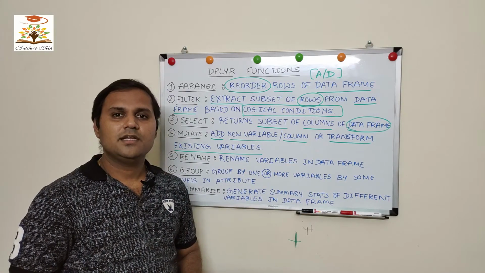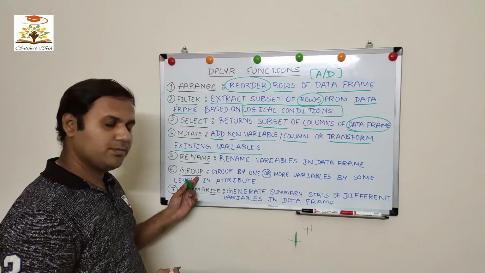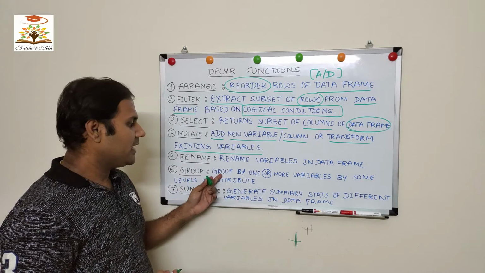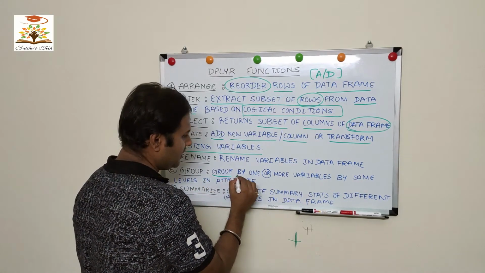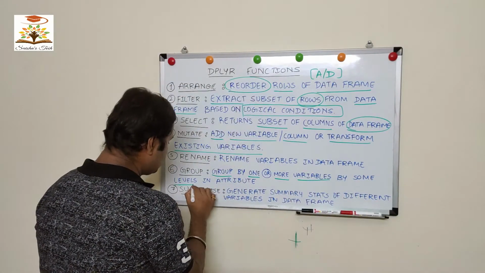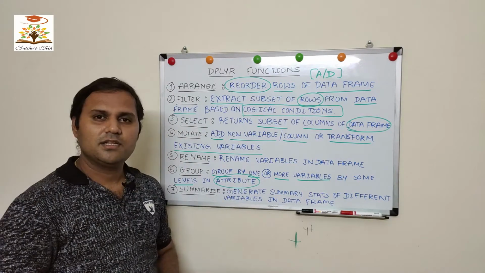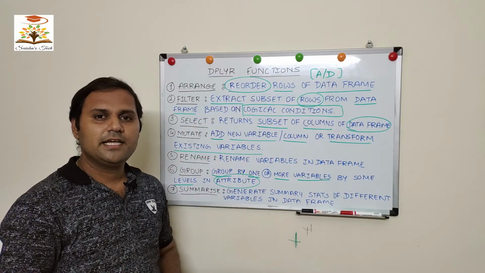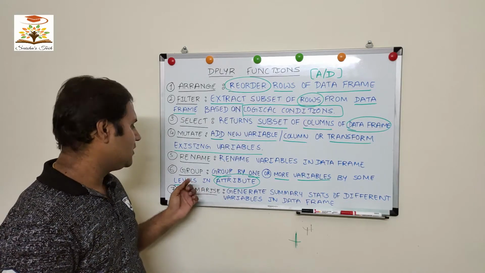Rename means you can change the column names. Group by is a function which groups one or more variables by some levels in the attribute. Example, if you want to group rainy day and sunny day with all the attributes, you can utilize the group by function.